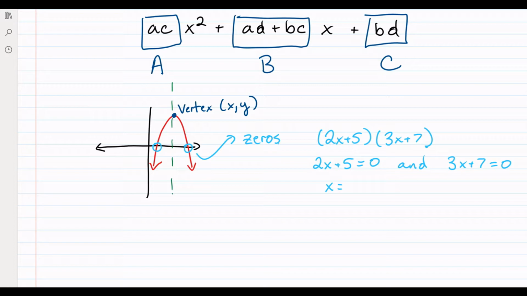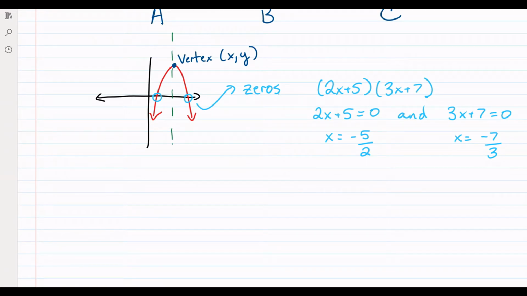So x would be minus 5 over 2, and x would be minus 7 over 3, or whatever decimals they happen to work out to. I'm not going to deal with the fractions. It would be pretty easy in this case to output them as fractions, but I don't even need to output them. I just need to output the coordinates of the vertex, and that certainly will not be a fraction that we're going to want to calculate very easily, I don't think. But we could.